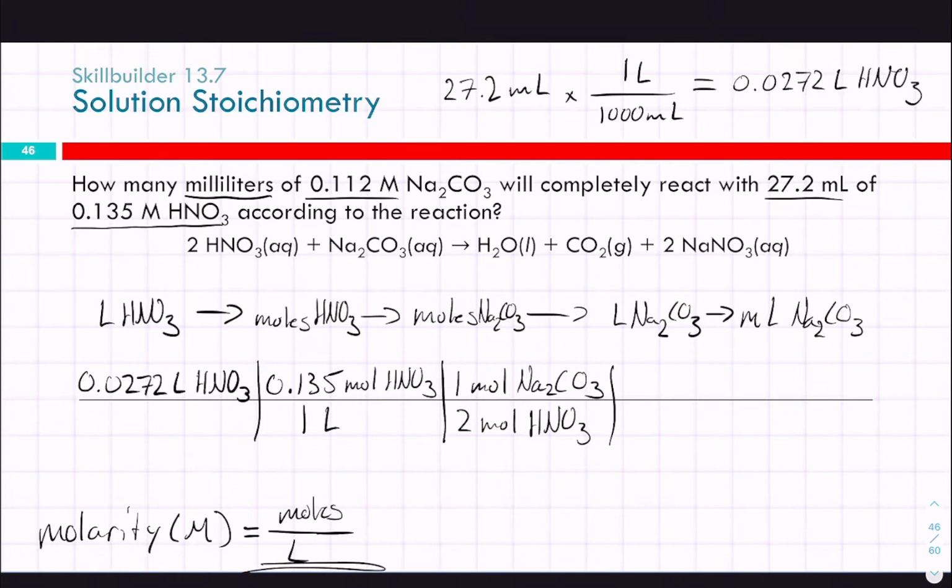And now we can go from moles of sodium carbonate to liters of sodium carbonate using our molarity. And again, because this is moles per liter, we'll have to flip it. So it'll be 0.112 moles of sodium carbonate per 1 liter of sodium carbonate.